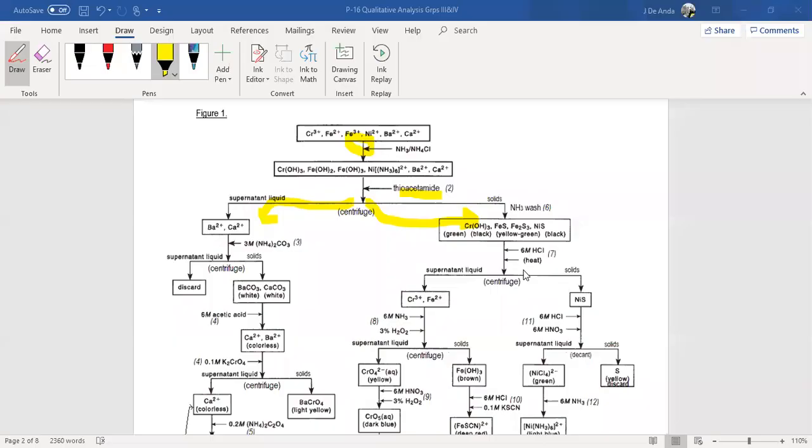Now, if you look at your procedures here, you're going to notice that the way this works is you cause a precipitation with ammonium carbonate, and then you dissolve the precipitate with acetic acid.